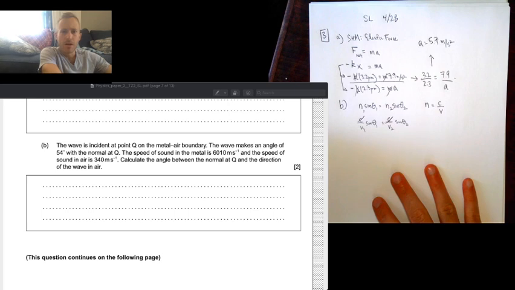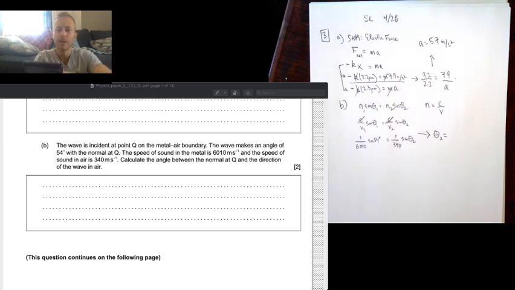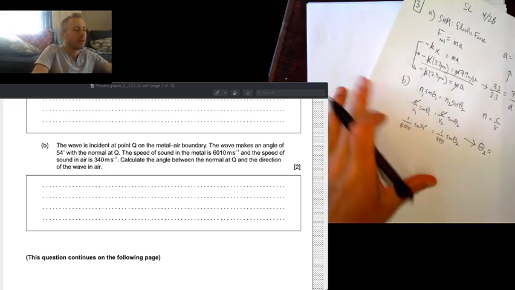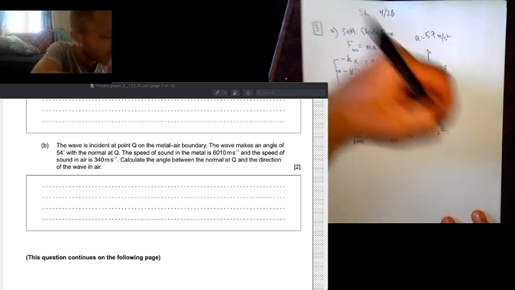So I'll go ahead and do the following. We have 1 over 6,010 sine of 54. I'm going to have to do an arc sine, inverse sine. And I get 2.6 degrees.